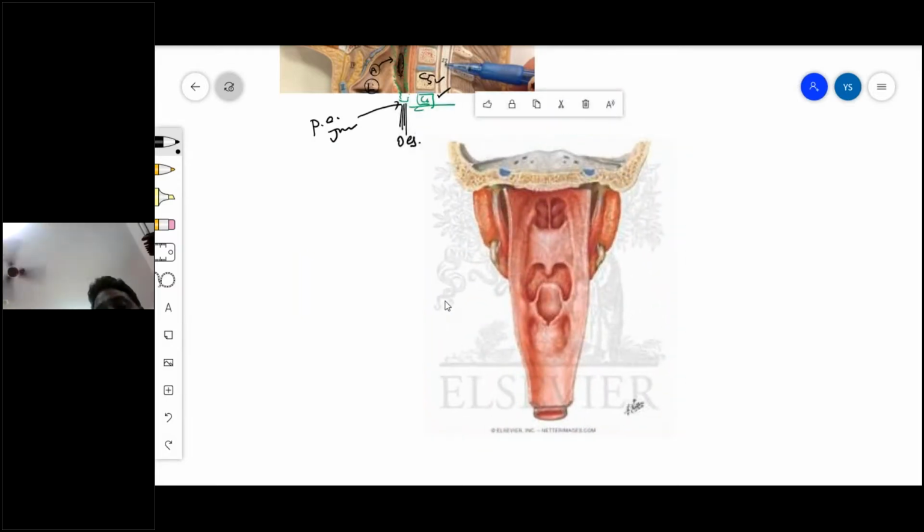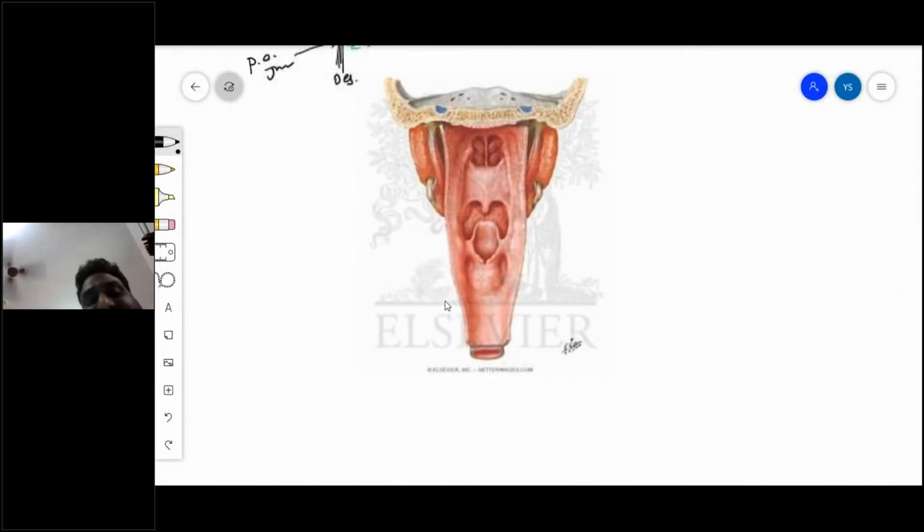So in this picture we can see the communications of the pharynx. What they have done here is cut and open the pharynx along the posterior wall. So whatever you see as the anterior communication, this circle, this one is called the oropharyngeal isthmus. So we are seeing the pharynx from behind.